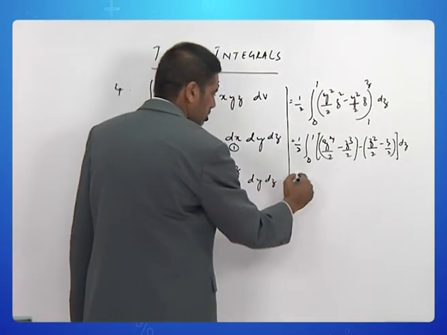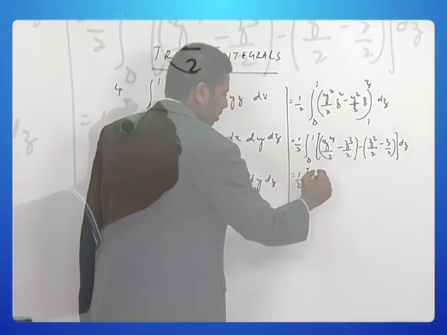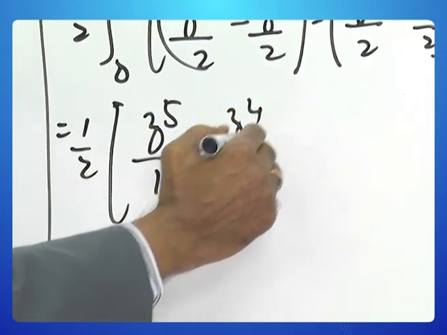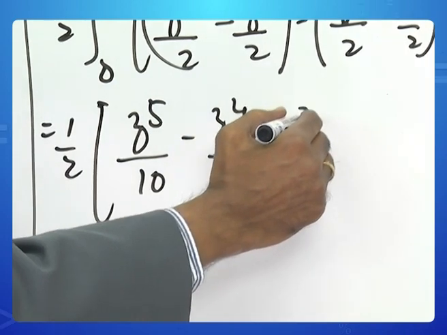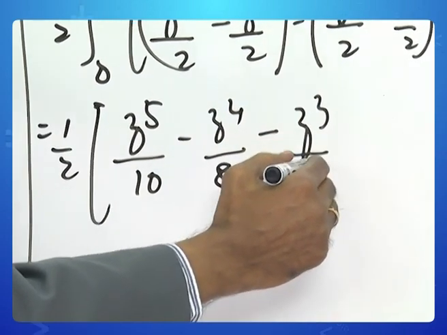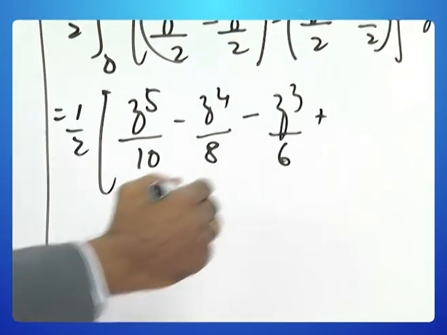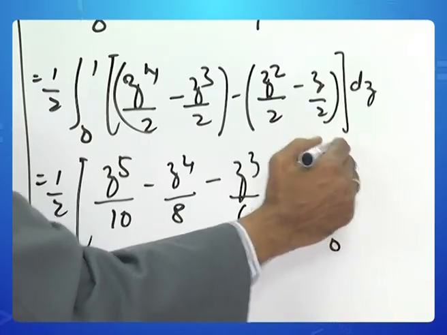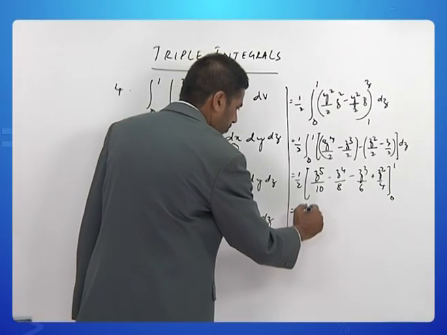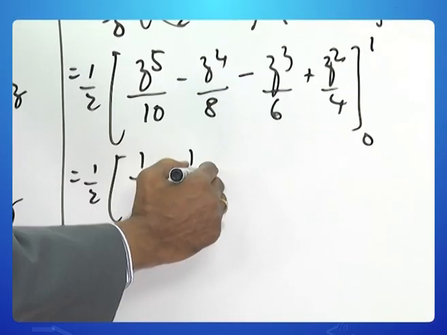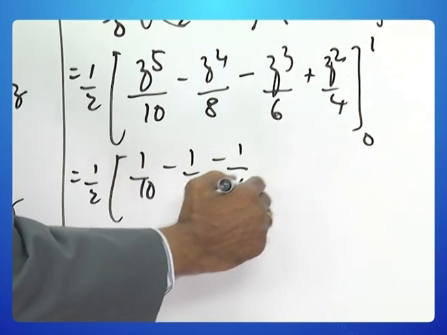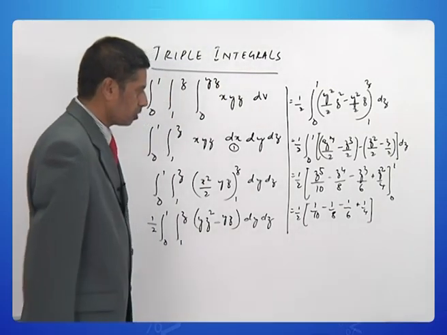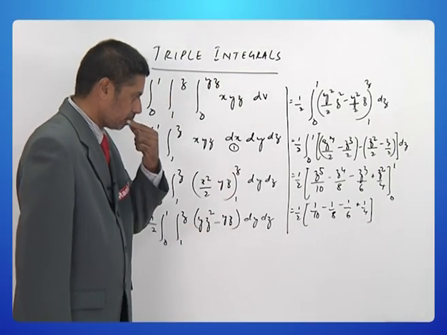So let's integrate this. z power 5 by 10 minus z power 4 by 8 minus z cube by 6 plus z square by 4. So half, 1 by 10 minus 1 by 8 minus 1 by 6 plus 1 by 4, with lower limit contributing nothing.